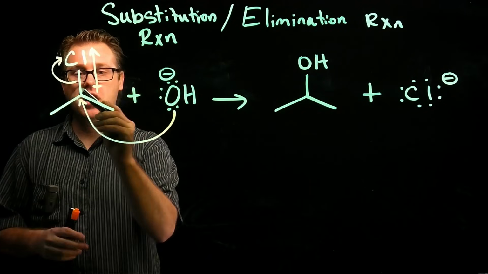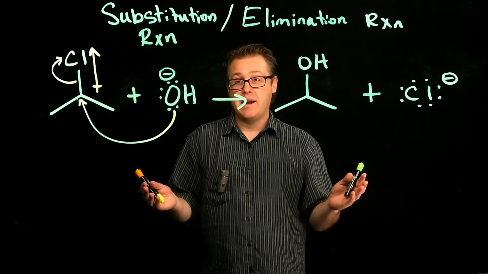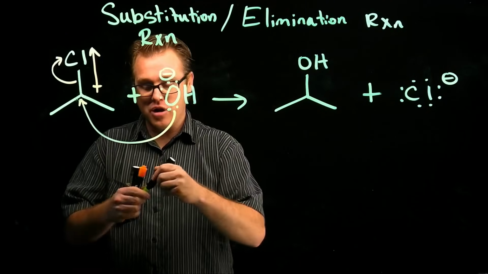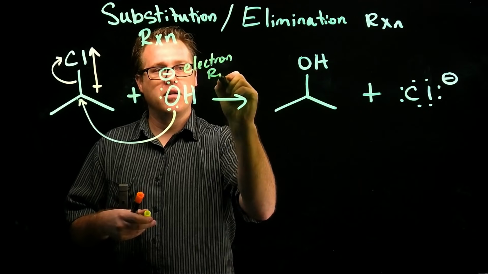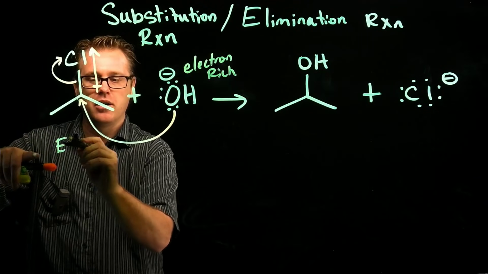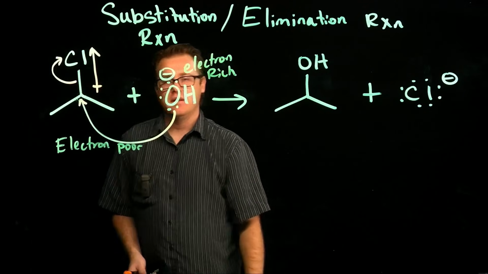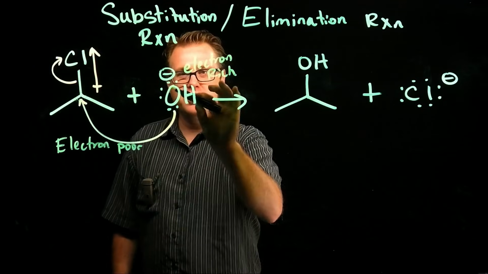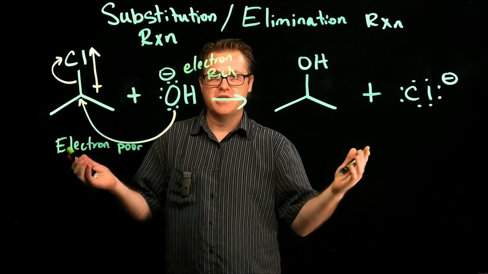So the reason why substitution reactions occur is because of the electron withdrawing ability of the halogen, which makes the carbon that the halogen is directly attached to electrophilic. It's electron poor. So in a lot of organic reactions, what we have going for us is an electron-rich species, and then an electron-poor one. And so we have an electron-poor carbon, an electron-rich nucleophile, and it's just basic laws of attraction.